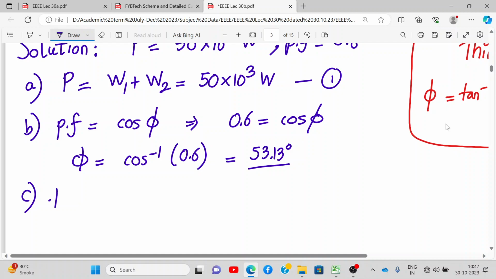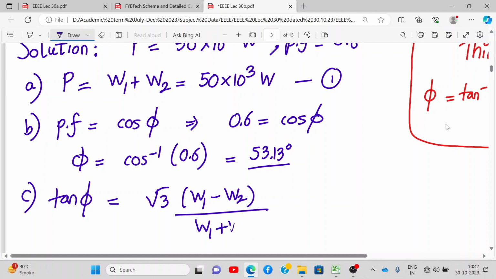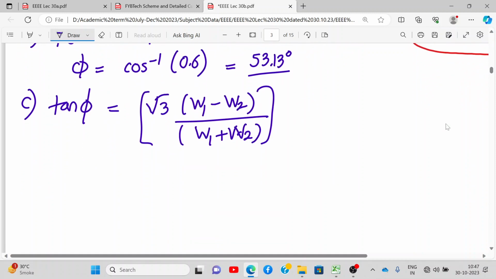So now, what is tan phi? See, phi is tan inverse of. So what is tan phi? Root 3 times W1 minus W2 divided by W1 plus W2. Do we know the value of tan phi? Yes.